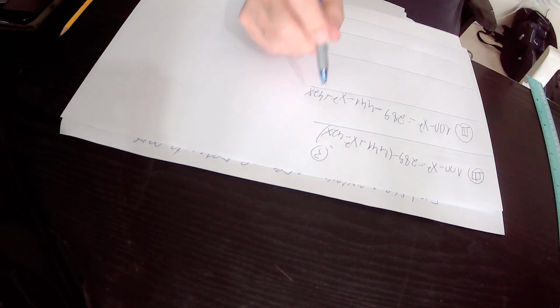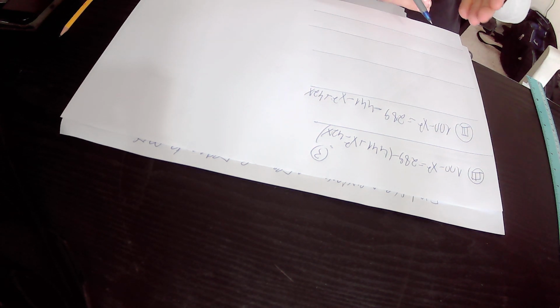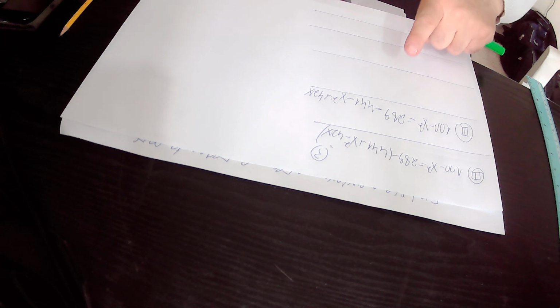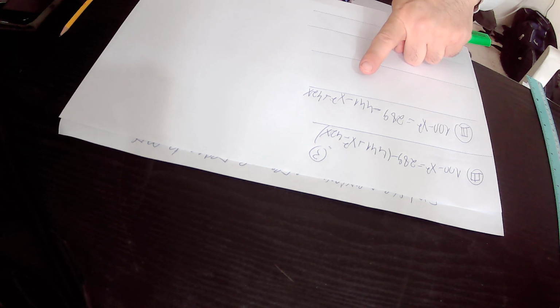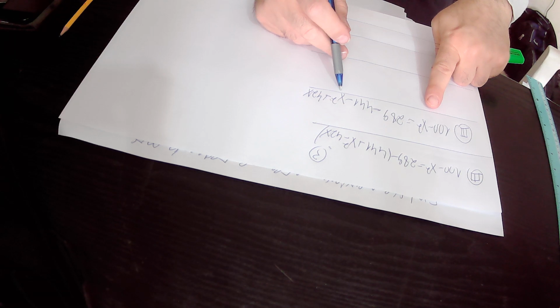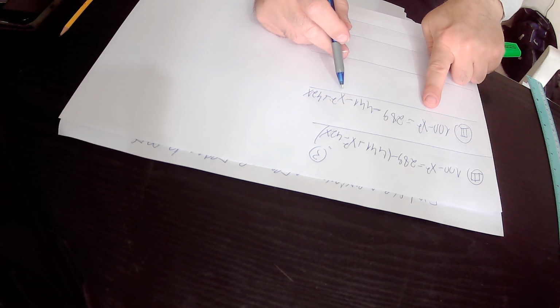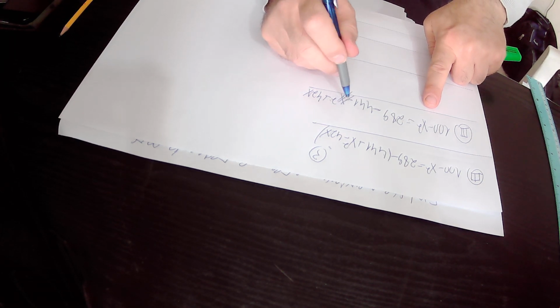So according to equation 3, 100 minus x squared equals 289 minus 441 minus x squared plus 42x. Here we have minus x squared on both sides of equation 3, therefore minus x squared will get cancelled.